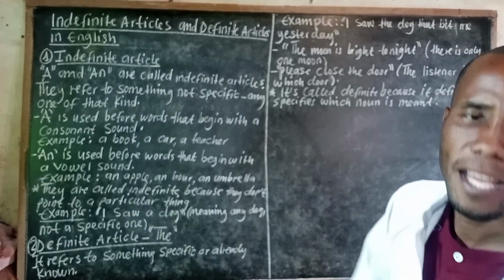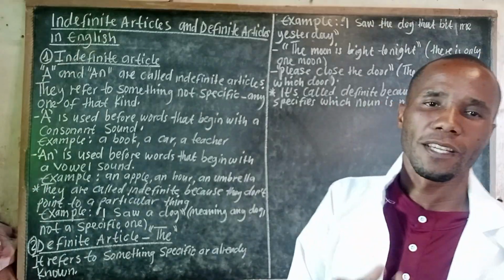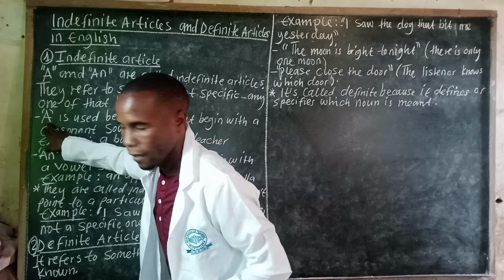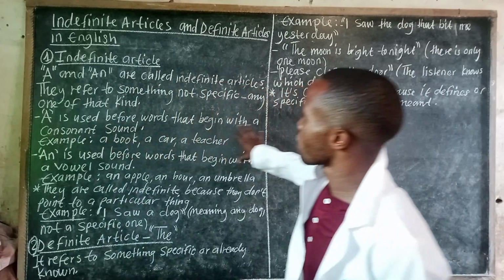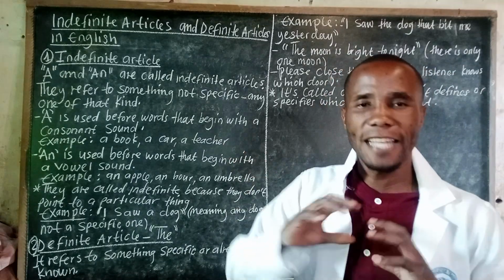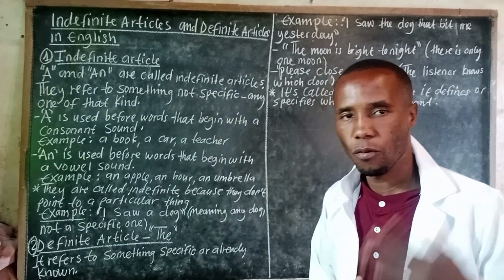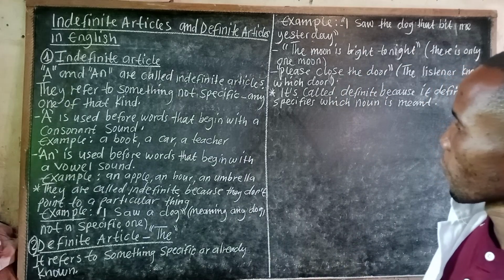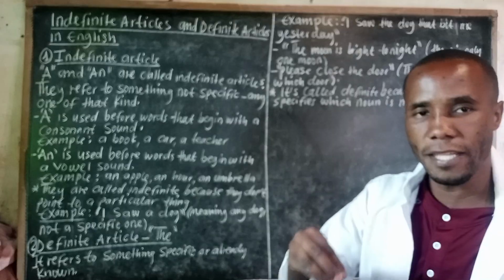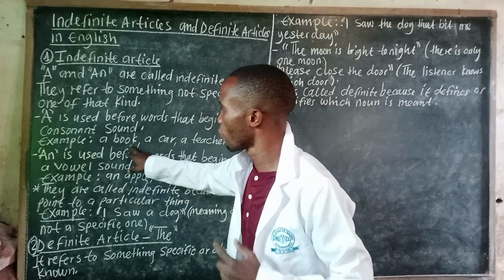So any word that begins with a consonant sound, we use the indefinite article a. So a is used before words that begin with a consonant. I'm sure you have understood what a consonant is. For example, words that begin with a consonant: book.